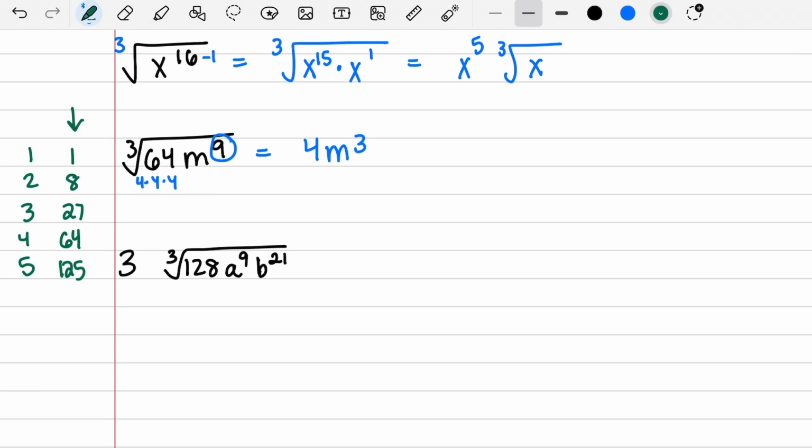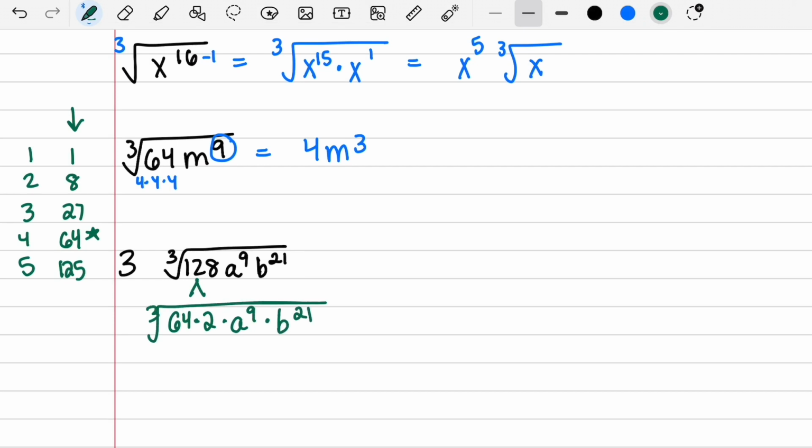So let's check if any of these go into 128. And in fact, 64 does, twice. So I can say 64 times 2, a^9, b^21.